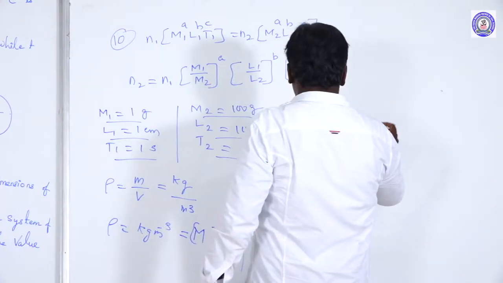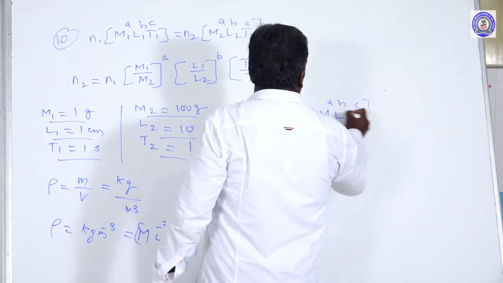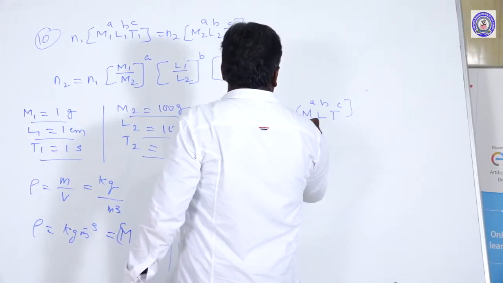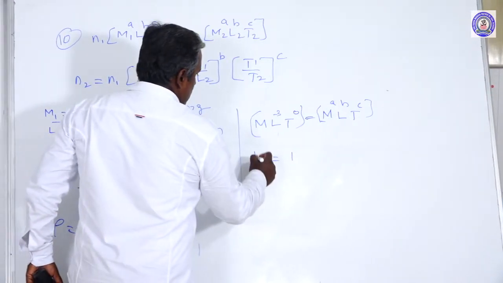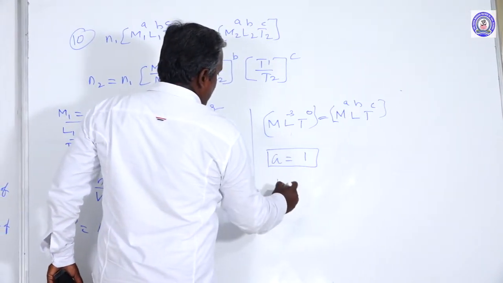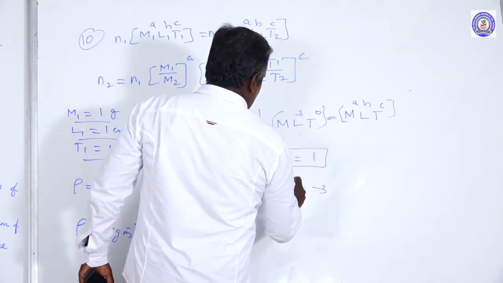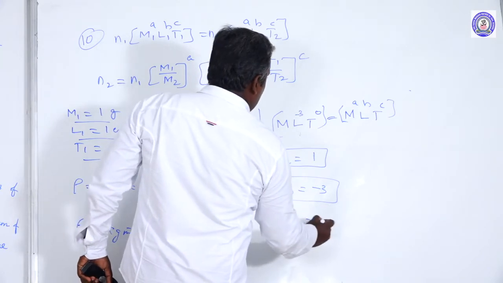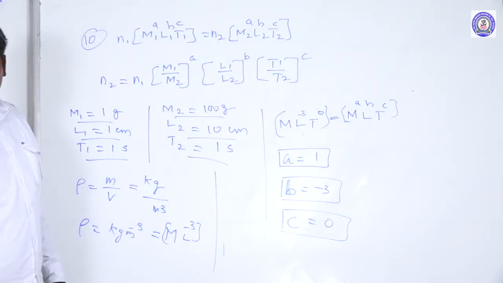It is equal to M L T its powers a, b, c respectively. From this a is equal to 1, b is equal to minus 3, c is equal to 0. Clear?